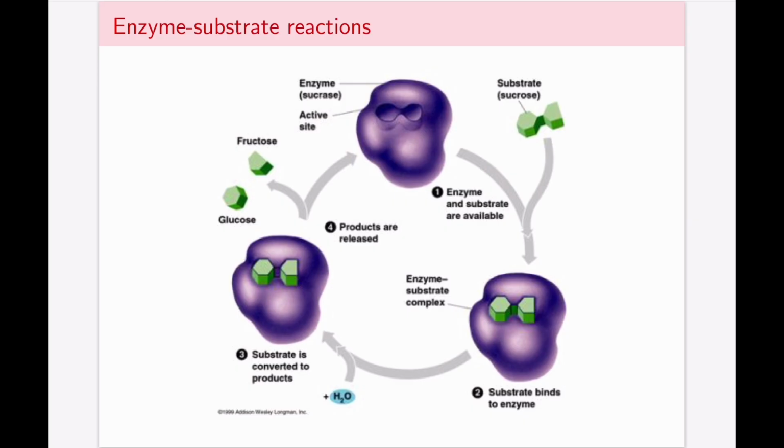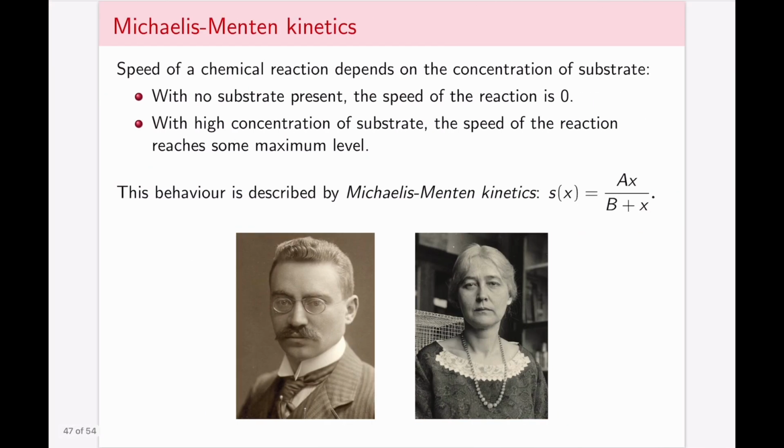So this is essentially the two basic ideas behind the Michaelis-Menten kinetics that describe the speed of a chemical reaction as depending on the concentration of the substrate. When there's no substrate present at all, the speed, of course, is going to be 0 because nothing will be able to bind to the active site. However, with the high concentration of the substrate, the speed of the reaction will reach some maximal level.